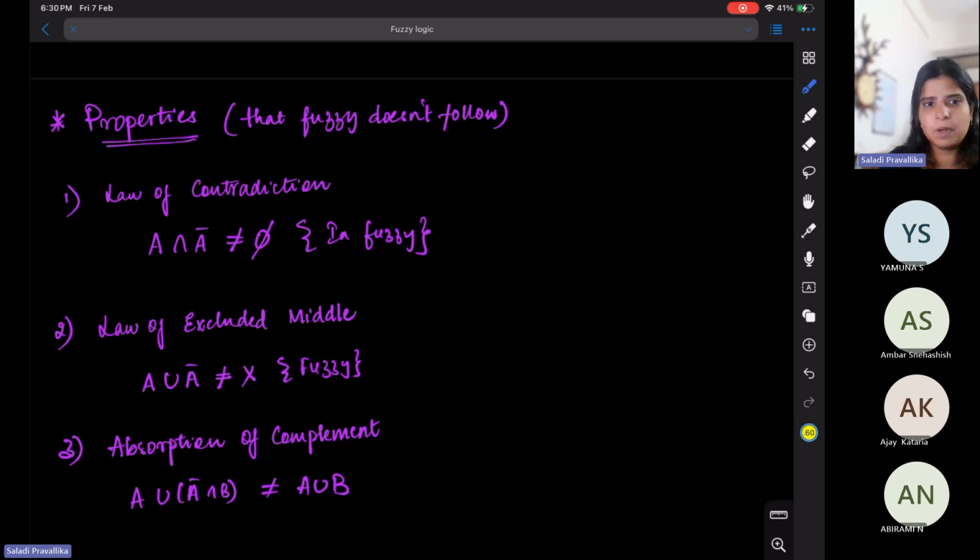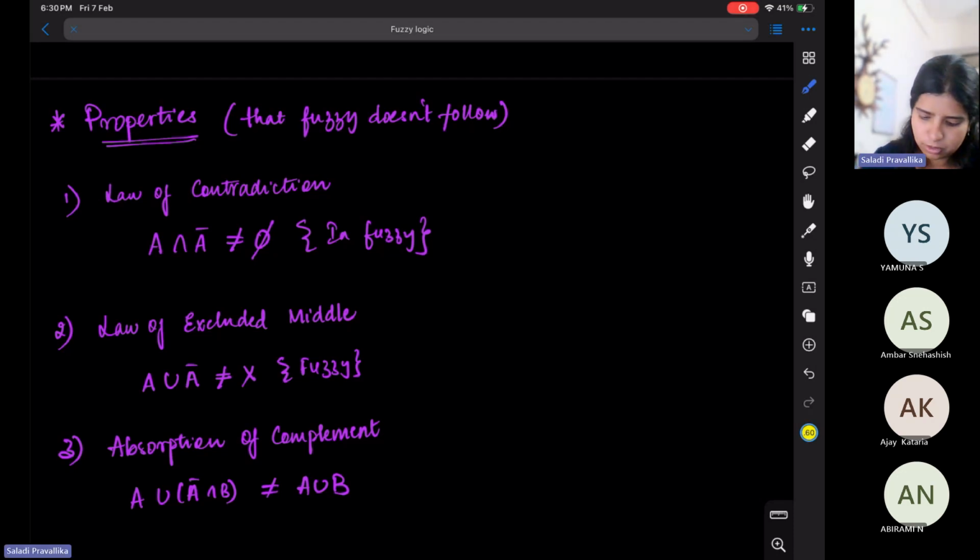These all are properties of a classical set. But a fuzzy set does not follow three properties from the classical set. The three properties are law of contradiction, law of excluded middle, and absorption of complement.